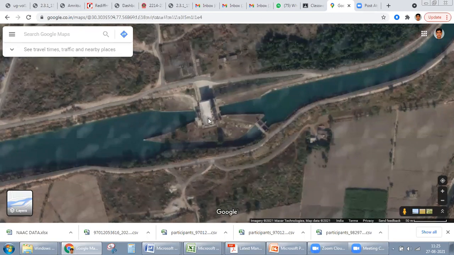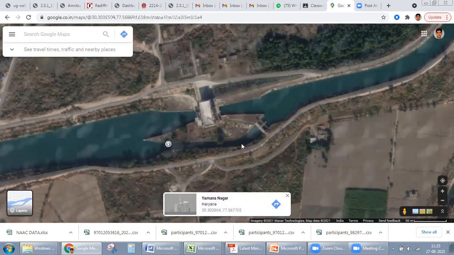So if it is producing electricity, water is being fed onto this powerhouse only, so it will find its way to the downstream side over here. But if it is closed, then here we have provided the gates, which provide a sort of bypass.